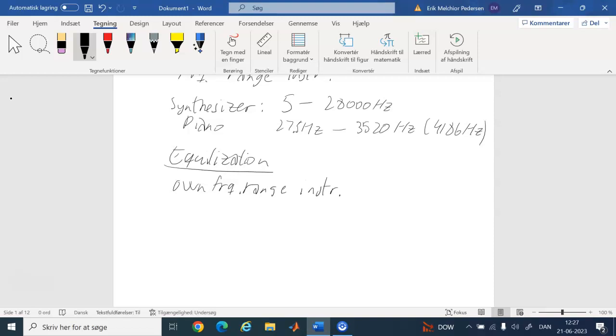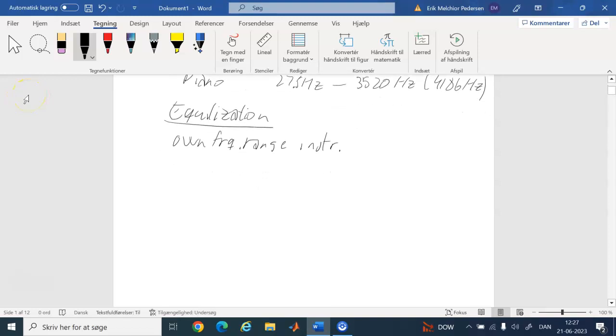Okay, so we have some basic filtering. There are some concepts: basic filter, and cutting and boosting, I think.